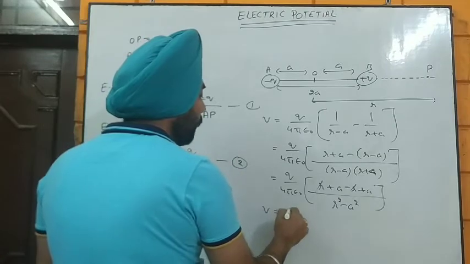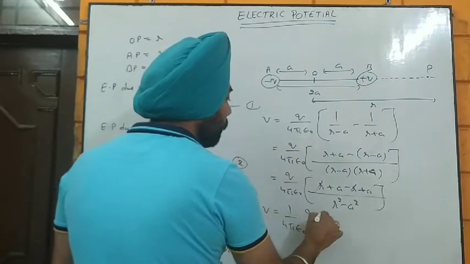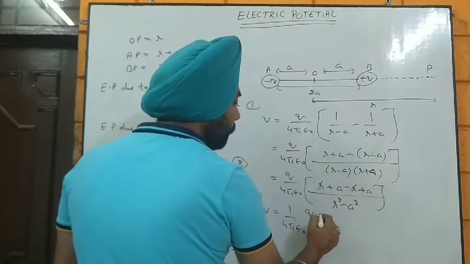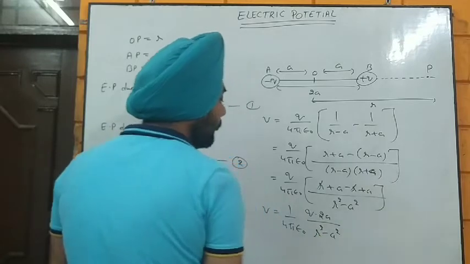Now what are we left with? 1 over 4 pi epsilon naught Q into A plus A, which is 2A, over R square minus A square.